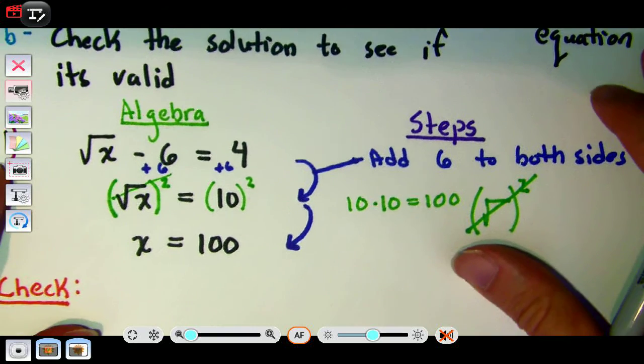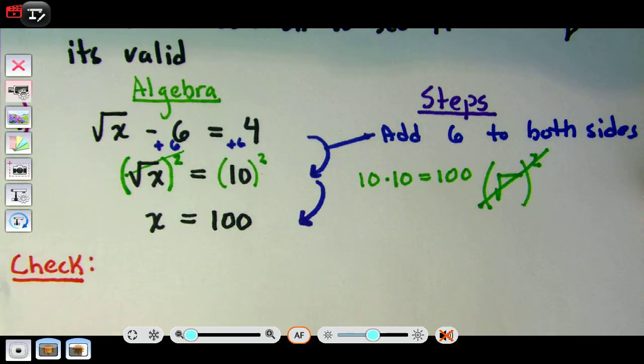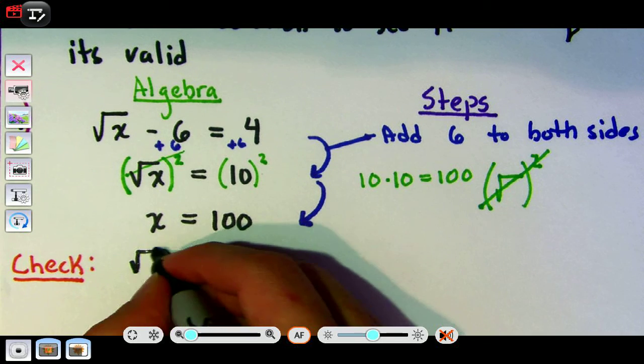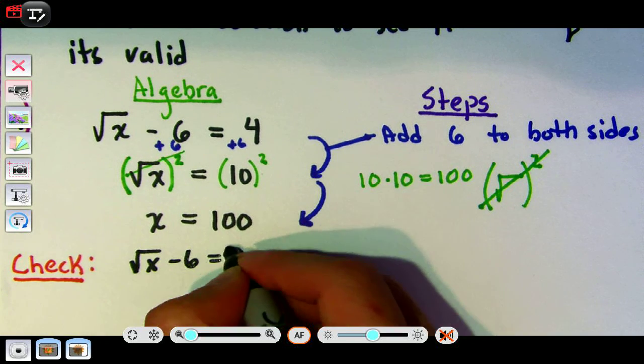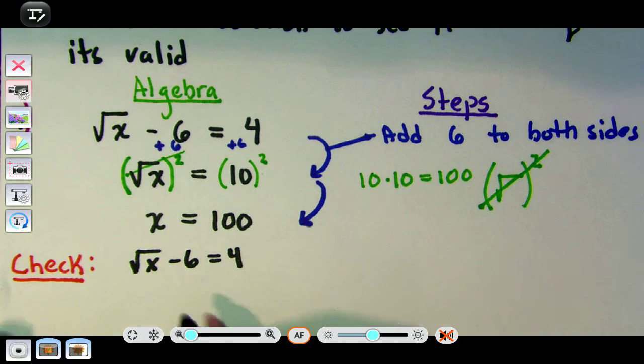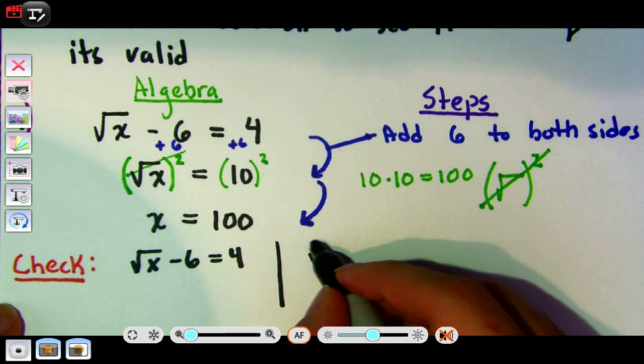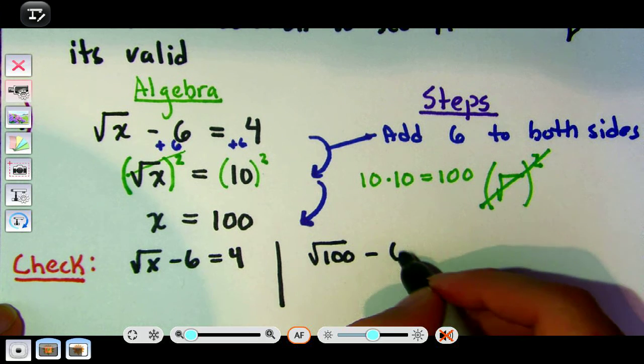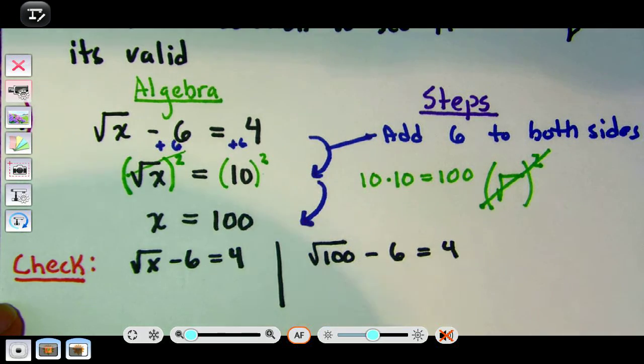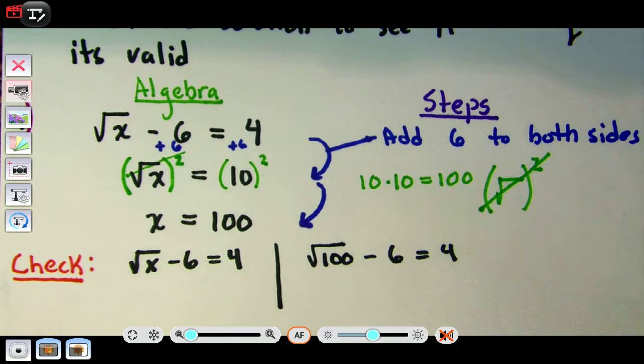Yeah? Now, let's just check. If I have the original equation, which is square root of x minus 6 equals 4, well, let's see. If I plug in x equals 100, we get square root of 100 minus 6. Does that equal 4? Now, what does it mean to take the square root of 100?